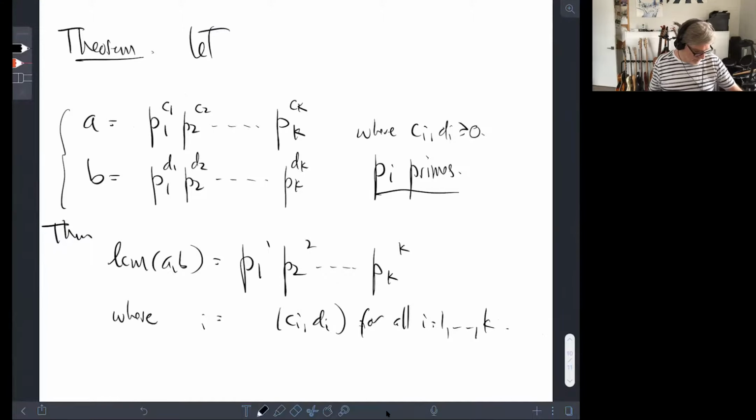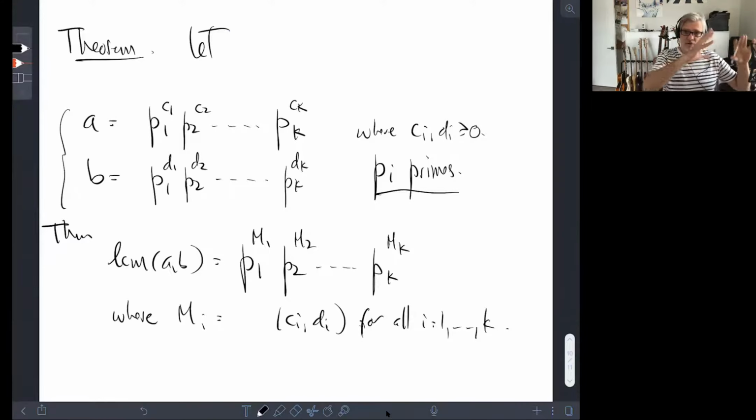So let's do this. Let's call these big M1, big M2, big MK, big MI. Okay, so I have my two numbers A and B, and I want a number that both A and B divide.